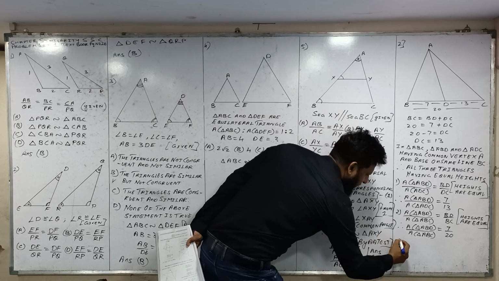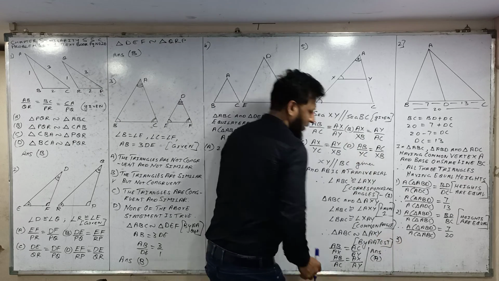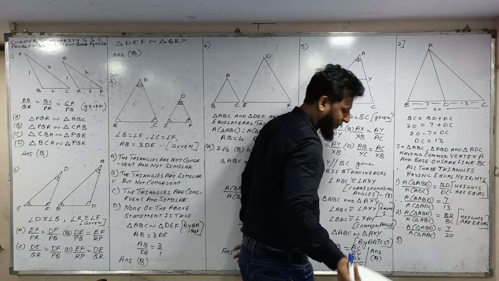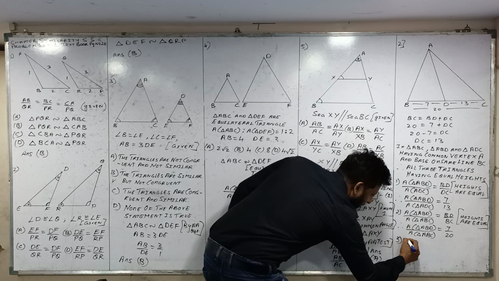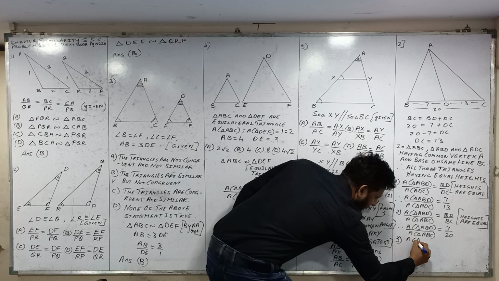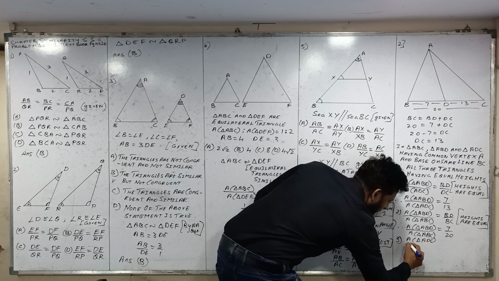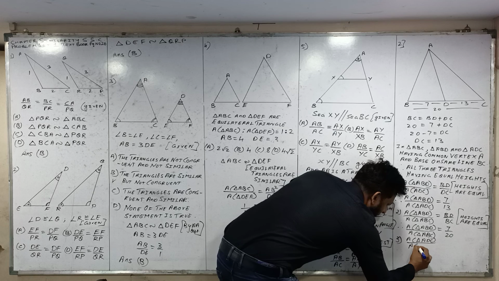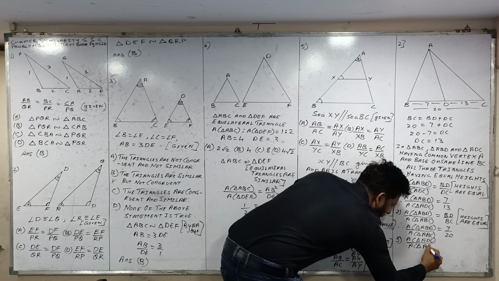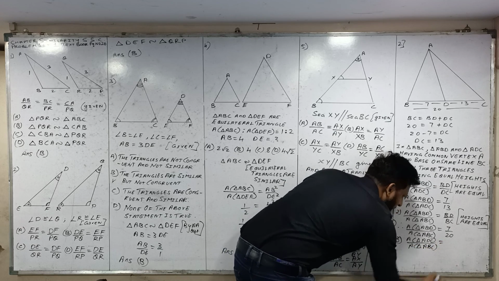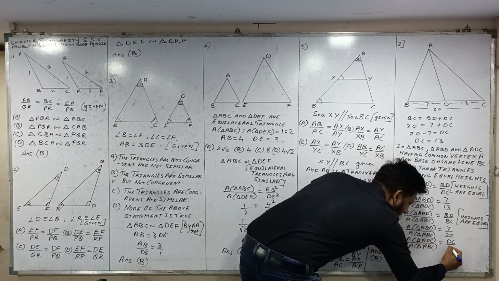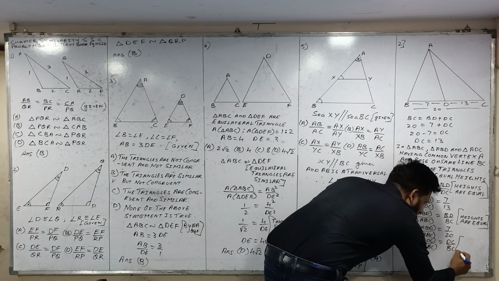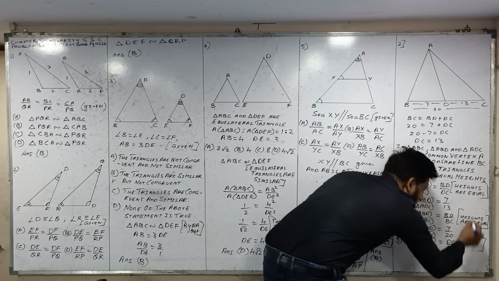Third, ADC upon ABC: the area of triangle ADC upon the area of triangle ABC. ADC's base is DC and ABC's base is BC. Again, heights are equal.